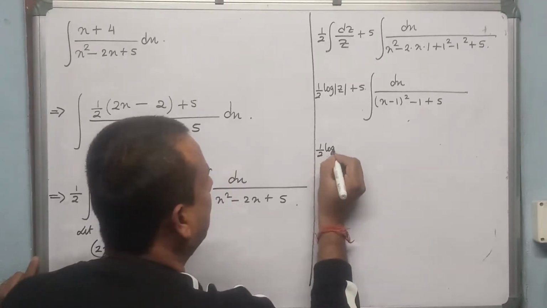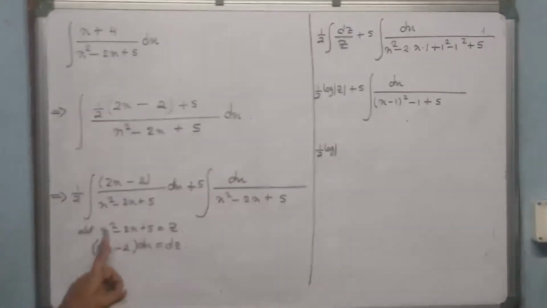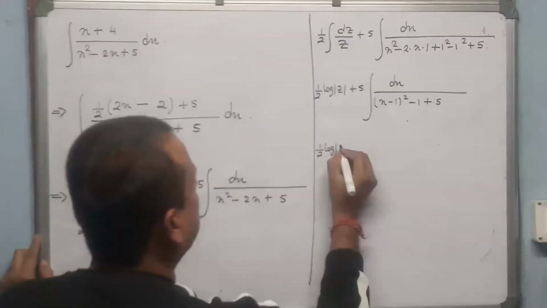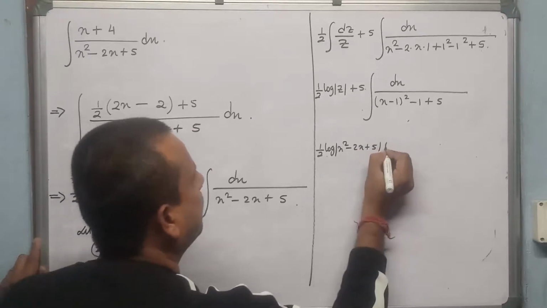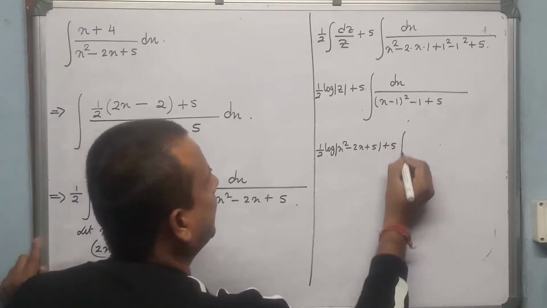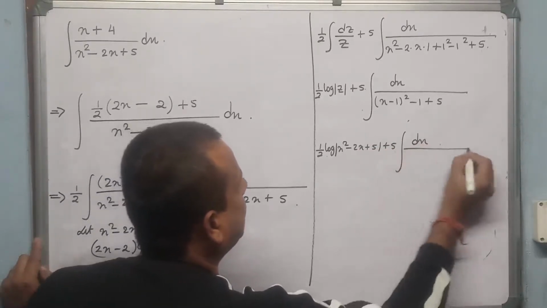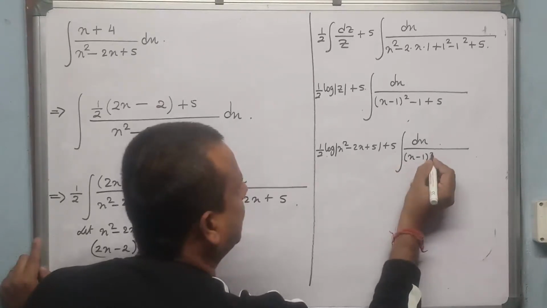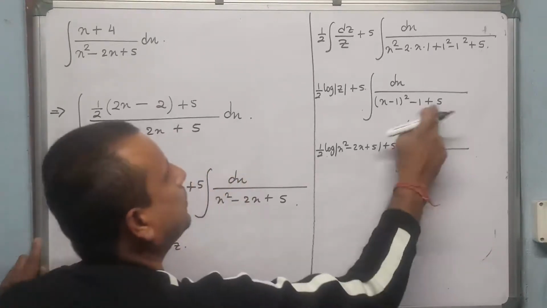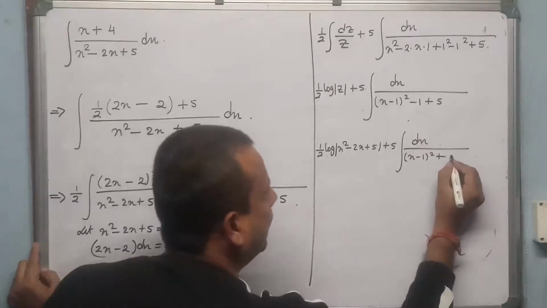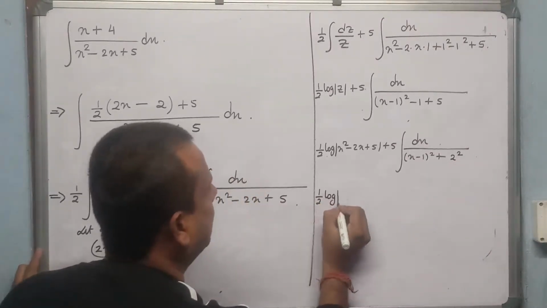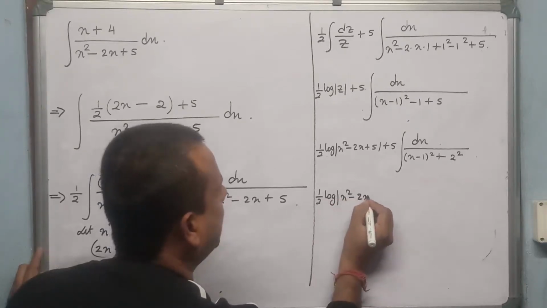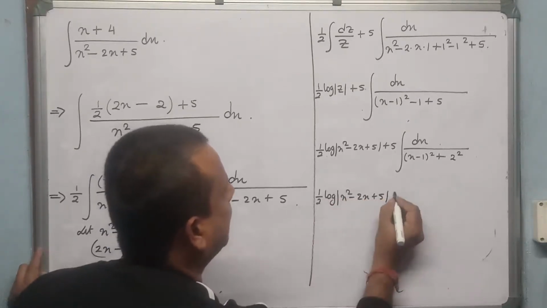Half log, and the value of z is from here, x square minus 2x plus 5, plus 5 integration dx over x minus 1 whole square, minus 1 plus 5 is 4. So I'll write 2 square. Half log x square minus 2x plus 5 plus 5.